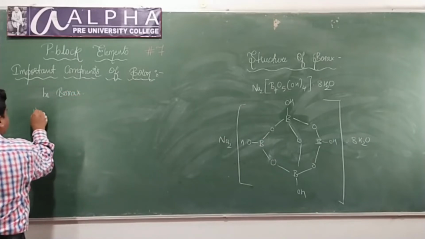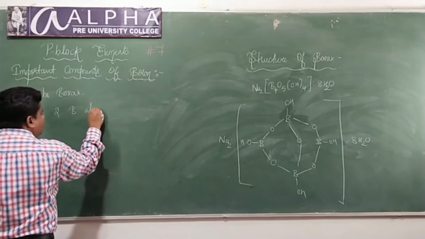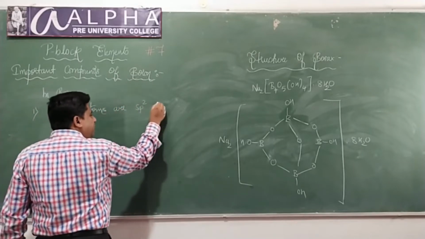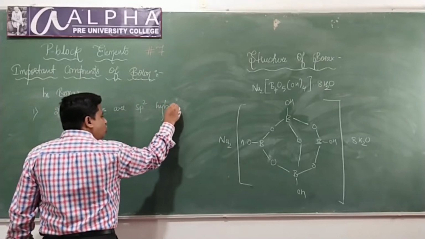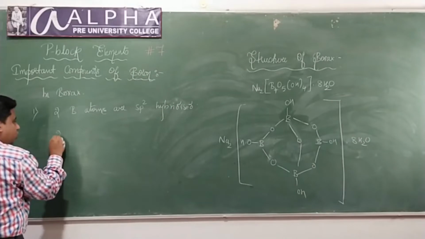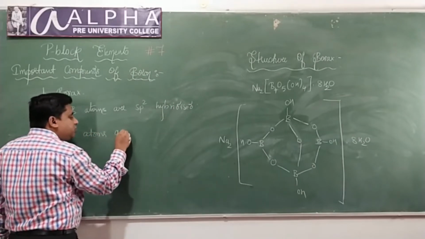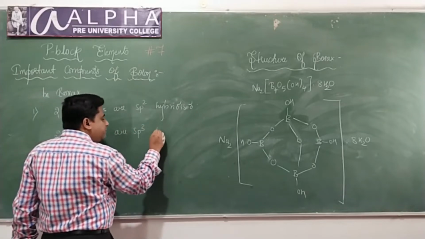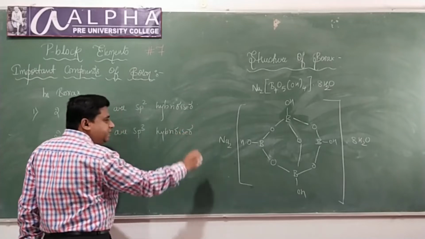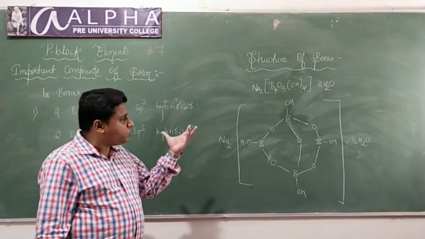Understand the first point: 2 boron atoms are sp2 hybridized, and 2 boron atoms are sp3 hybridized. Please understand the structure carefully, because we can expect so many NEET questions on this structure.